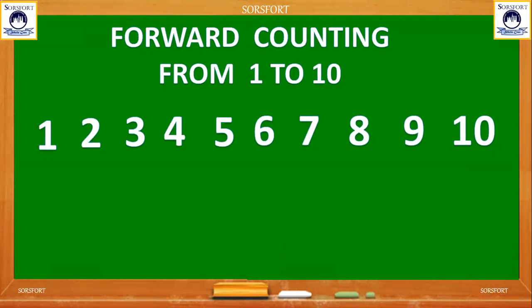When we write numbers from 1 to 10, that is 1, 2, 3, 4, 5, 6, 7, 8, 9, 10, we call it forward counting.